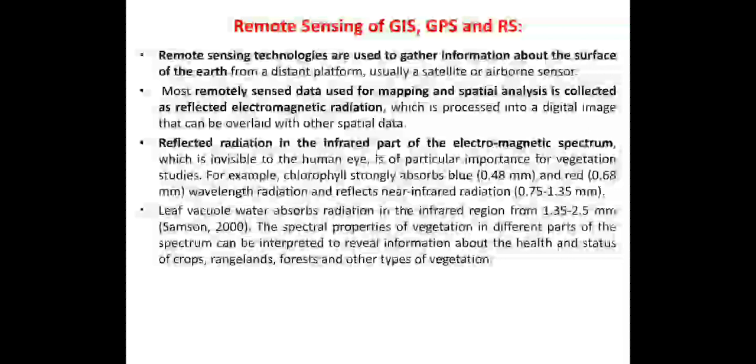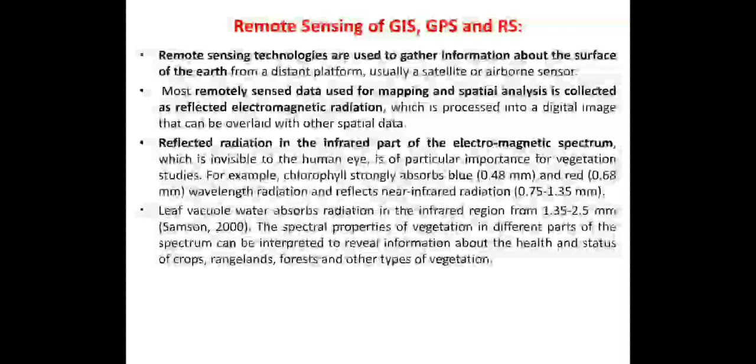The major water absorbing radiations in the infrared region are at 1.35 to 2.5 micrometers. Spectral properties of vegetation in different parts of the spectrum can also be recorded with the help of reflected radiations. Whatever information is collected in remote sensing, the major source is illumination of energy, or the sun, with the help of radiations.